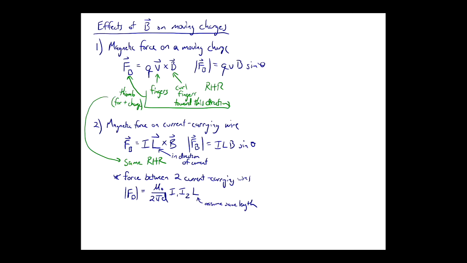Okay? Anybody else? That's sort of the first step of this whole thing. Yeah. The subscript for force is B for magnetic field. There we go. That's a little better. Okay? Those are the effects of the magnetic field on moving charges, both one moving charge and a bunch of them.